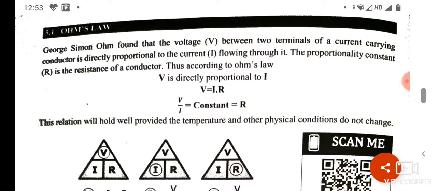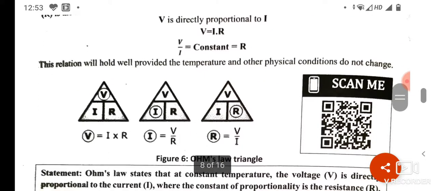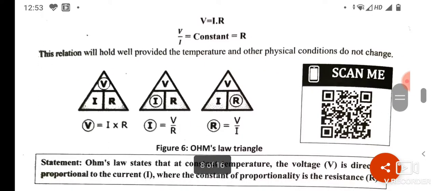Then V is proportional to I, or V is equal to IR, where R is a constant, the resistance itself. It can be easily calculated by this triangle. V is equal to IR, I is equal to V by R, or R is equal to V by I.